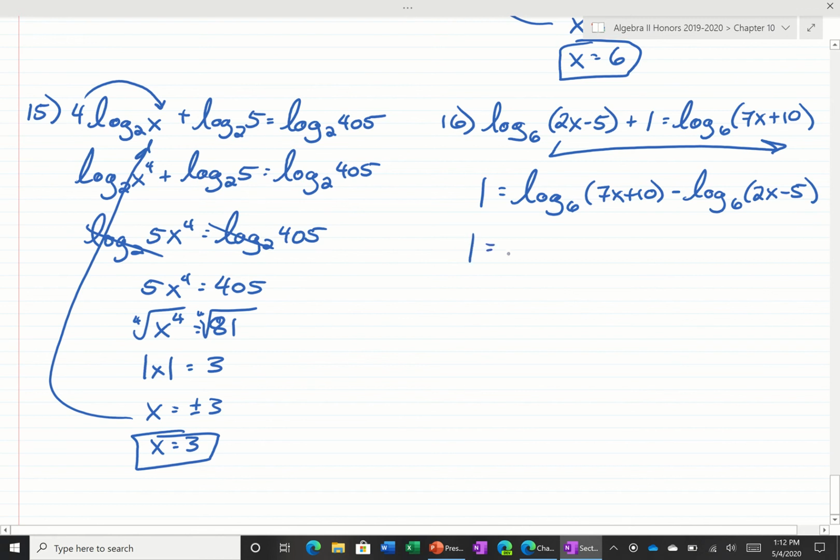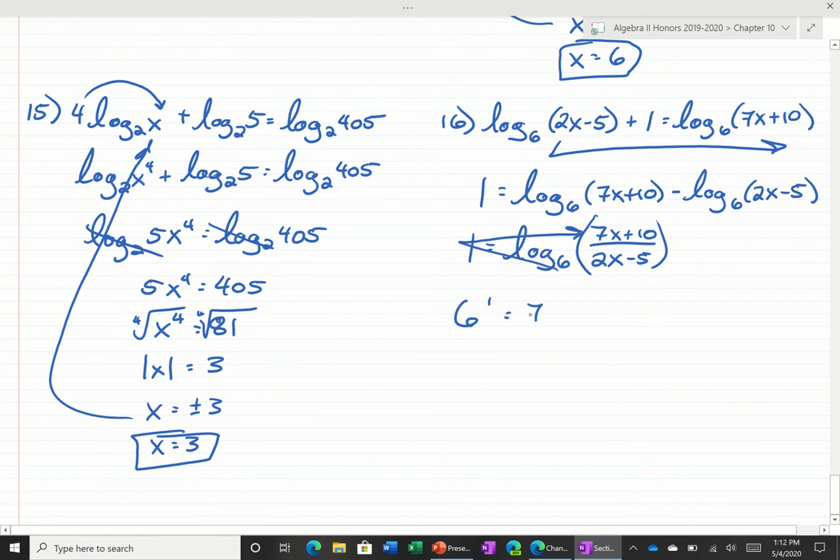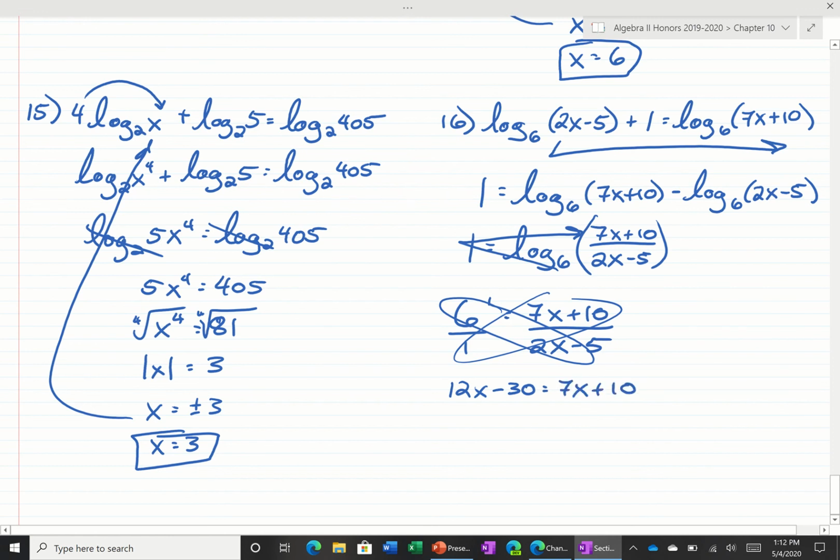So that subtraction is going to enable us to use the quotient property. And at this point we get stuck. So like I had mentioned, we could use the translation property to finish this. 6 to the first is equal to 7x plus 10 divided by 2x minus 5. If we put this over 1, we could cross multiply to finish this. 6 times 2x minus 5 is 12x minus 30 is equal to 7x plus 10. So we'd get 5x is equal to 40, or x would equal 8.